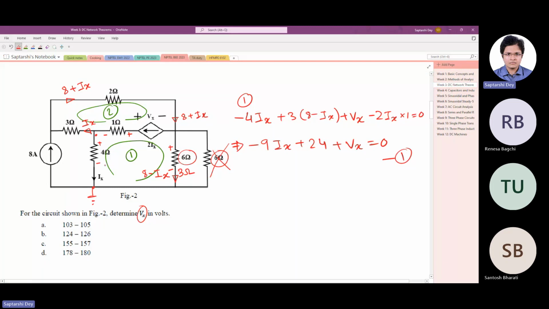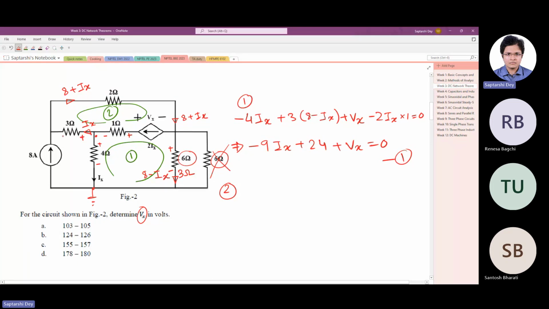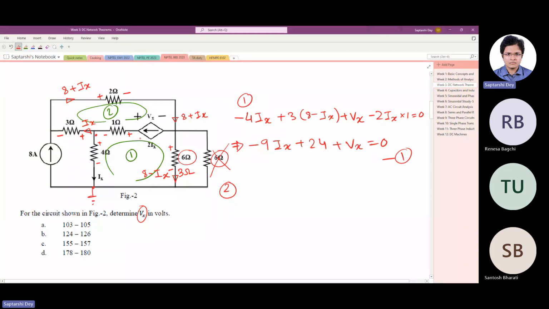Any doubt, or do you think anything is wrong? Looks correct. All right. Now the other one we will write for loop 2, the top loop here. Again, we will mark the polarities. If I close like this, polarities are like this, and others we already have. So drop, minus 3Ix.